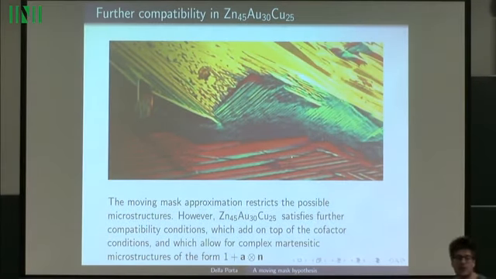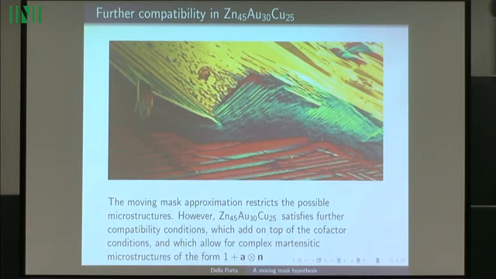But before concluding, let me answer the following question. We have introduced a moving mask approximation, and we have said that this provides a constraint on the microstructures. So going back to the experiments in zinc and gold copper, the question is, can we construct in zinc and gold copper microstructures that are extremely complex, or pictures that are so colorful, by satisfying this differential constraint?